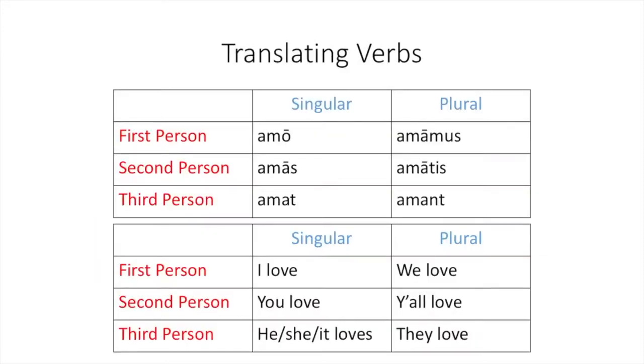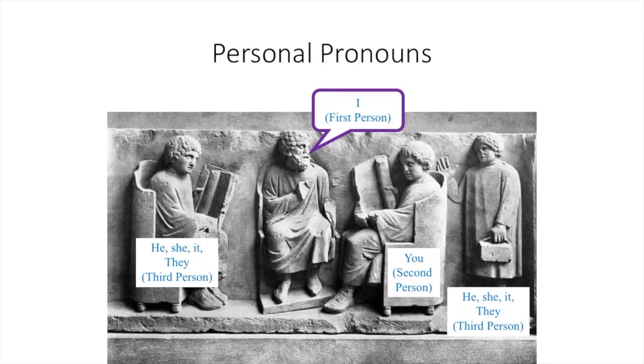With the antecedent of your reflexive pronoun being the subject, there are going to have to be different reflexive pronouns based on the person of your verb, whether it's first person, second person, or third person. And many of these are just like your personal pronouns.